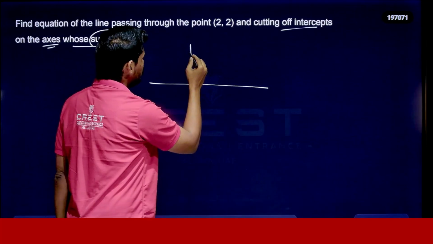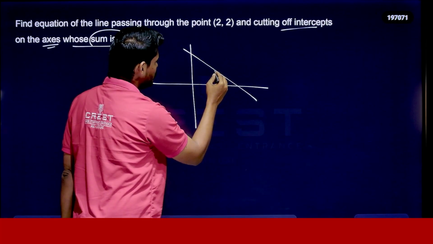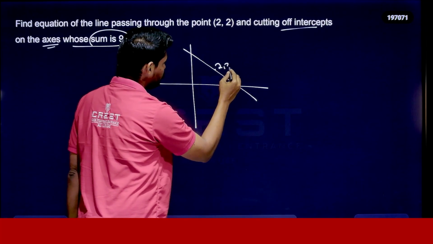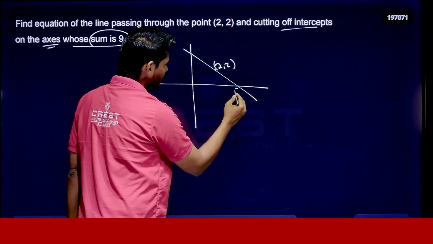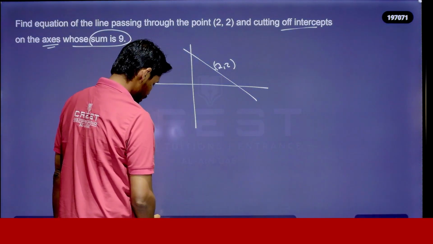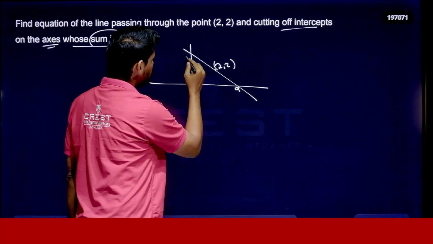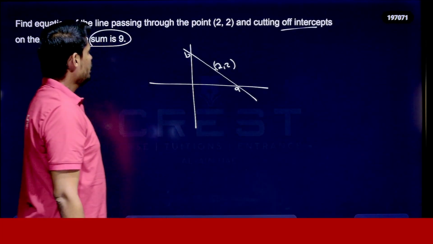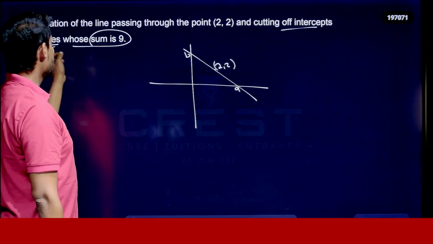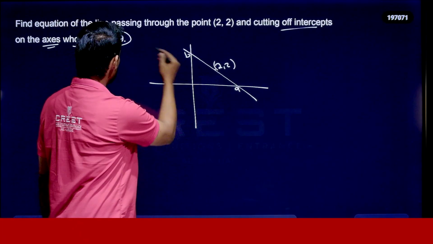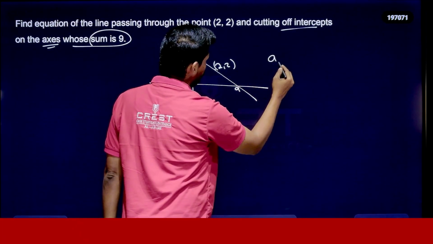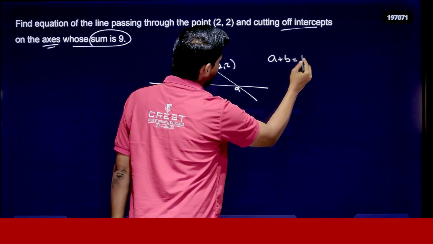Suppose this is the x-intercept, that is a, and this is the y-intercept, that is b. The sum of the intercepts, a plus b, is given as 9.